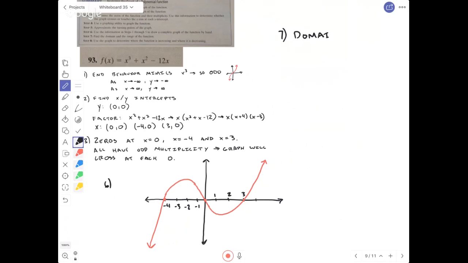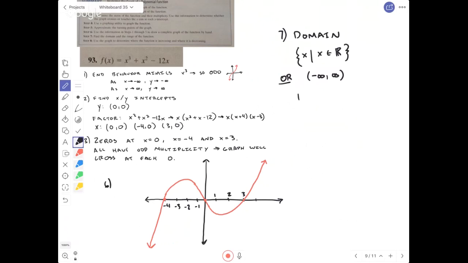So step 7, domain and range. This is an odd polynomial. We'll always have a domain of all reals and a range of all reals. So the domain is the set of values x such that x is an element of the real numbers. Or, thank you, Lindy, probably the easier way to write it, -infinity to infinity.